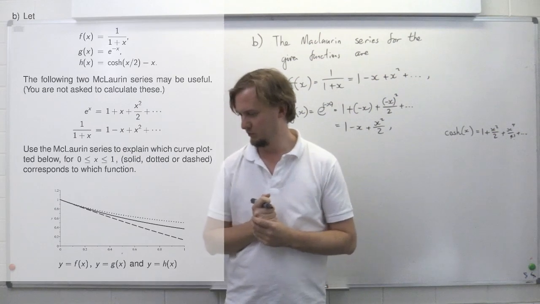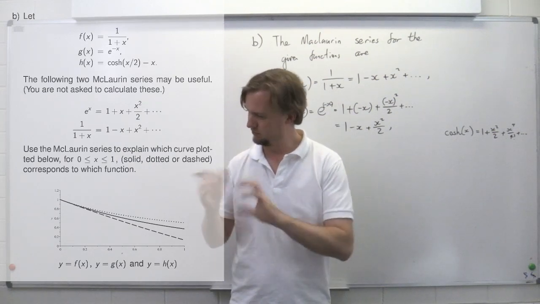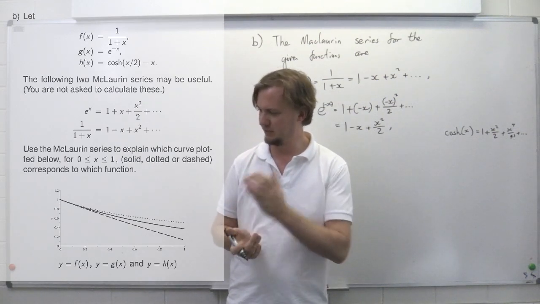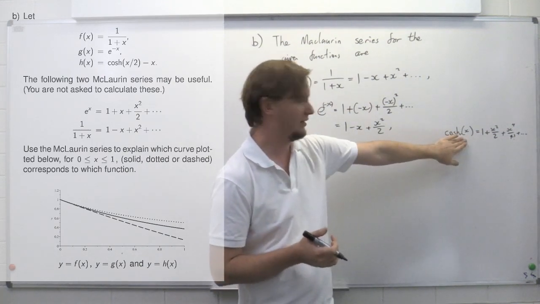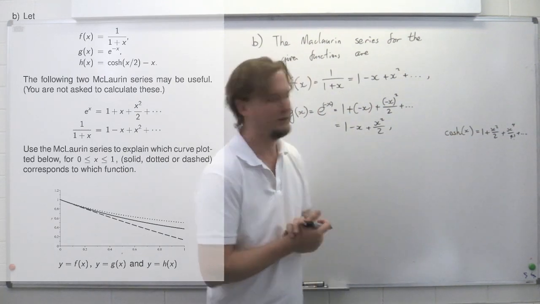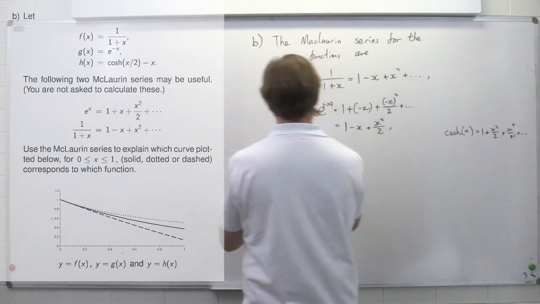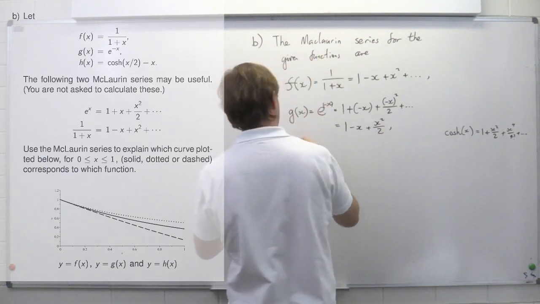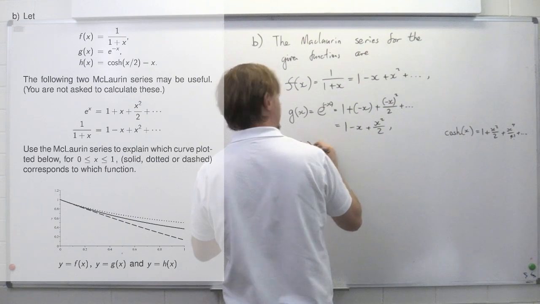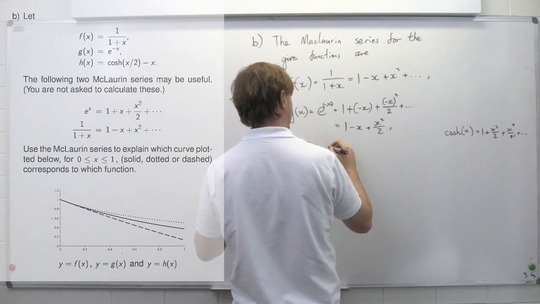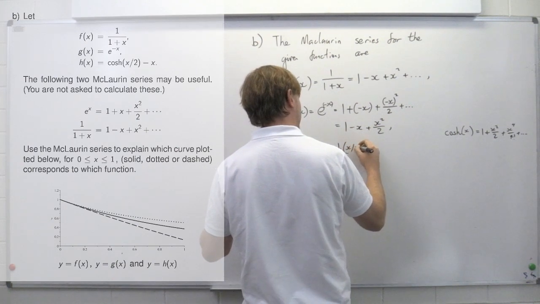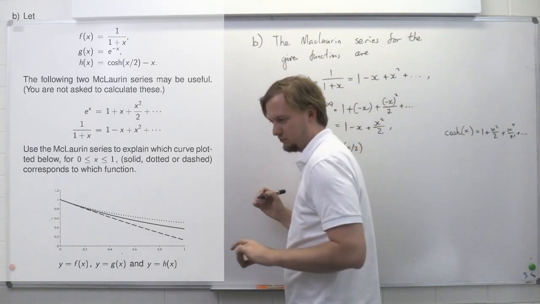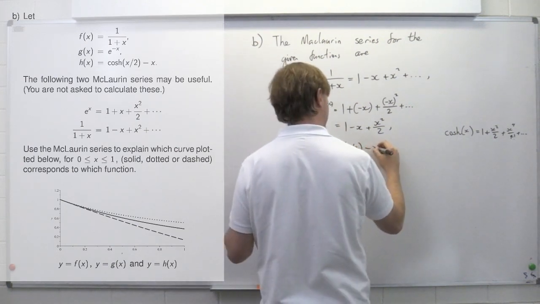And the last one, it's the hyperbolic cos with an interesting argument inside, and then we're subtracting off x. So this is why we need our part A. From part A, we get that h of x is equal to the hyperbolic cos evaluated at x on 2, minus x.